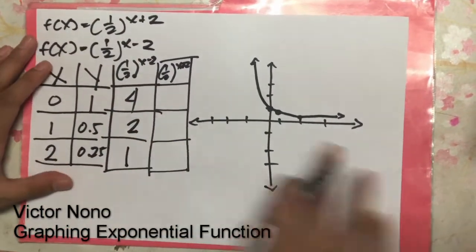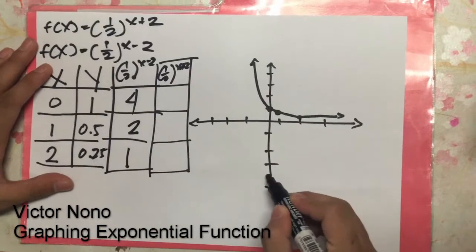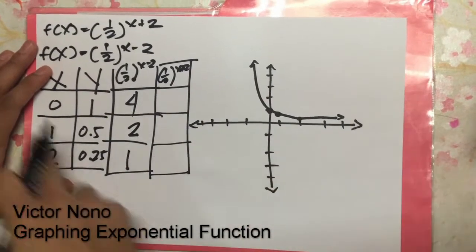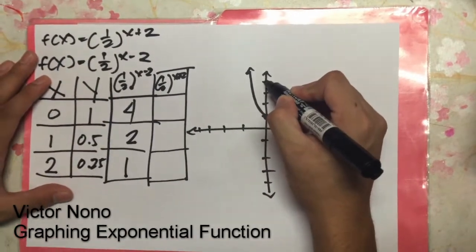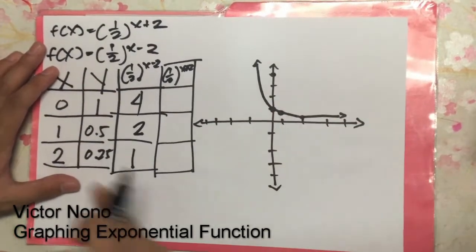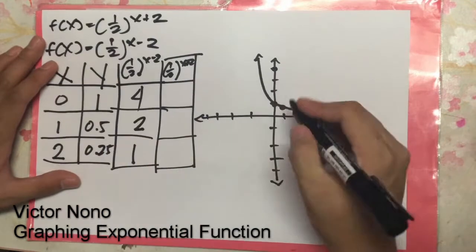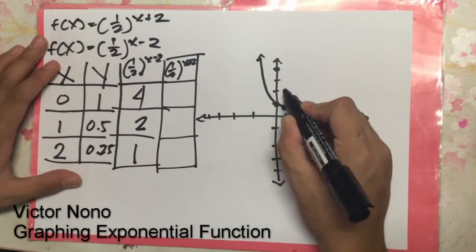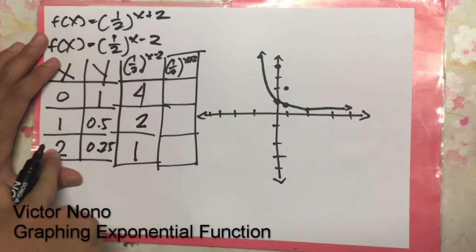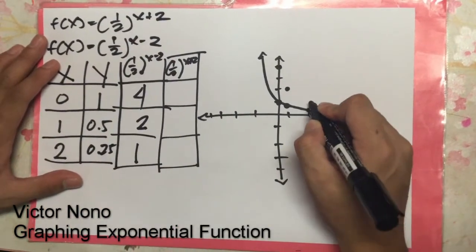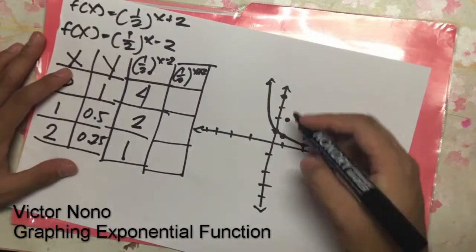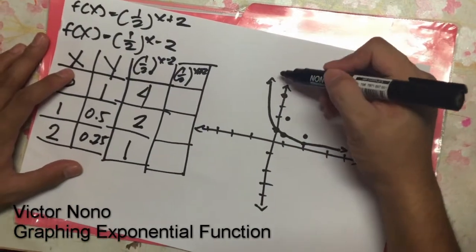So let's graph 0 and 4; 1 and 2; 2 and 1. So the line will be like this.